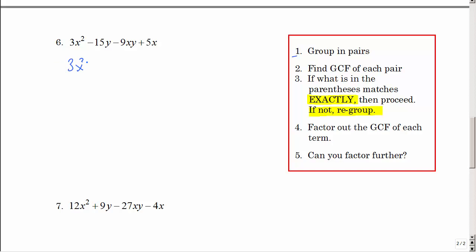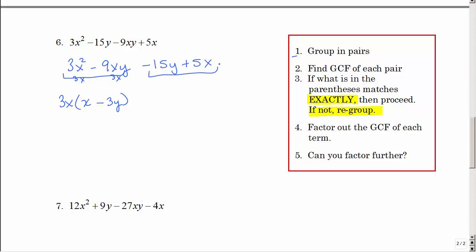How about the first one and the third one and the second one and the last one? I kind of like that 3 and 9 and 15 and 5. Let's try that. Okay, so I'll put the first two together. They have a 3x in common. So if I divide both by 3x, that would leave me x minus 3y.